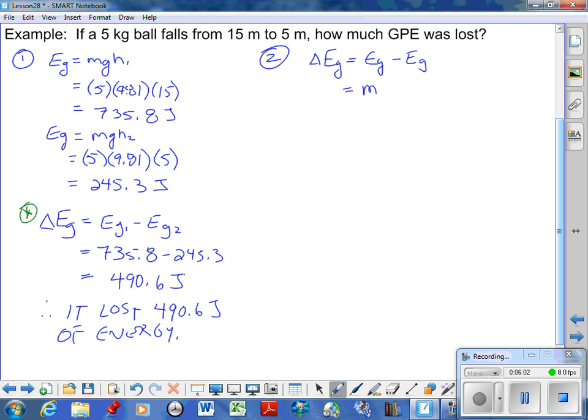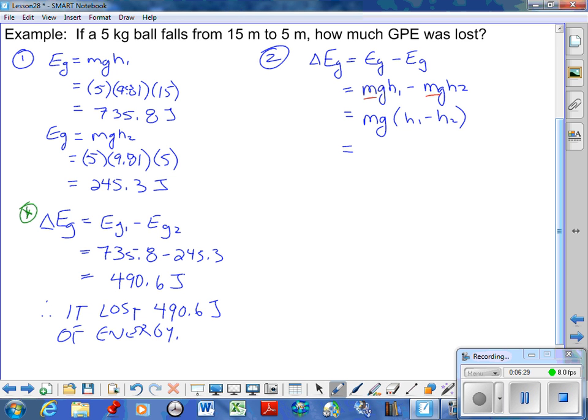We have mgh1 minus mgh2. I know everyone here is absolutely top of their game with the algebra skills, and you'll see that they both have a common factor: both of them have an mg in them. So we can common factor out mg. We get mass times gravity, and what's left is height 1 minus height 2.